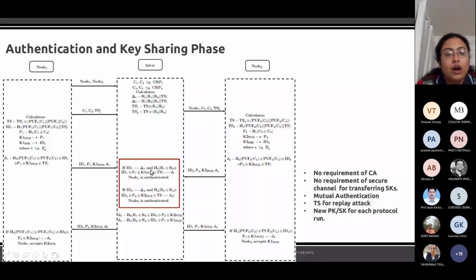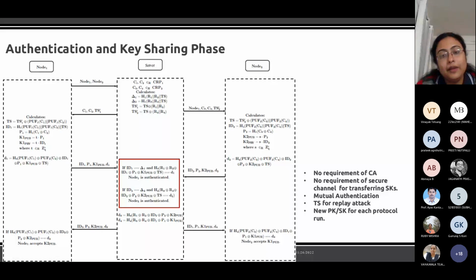Okay. Now, if it is okay, and because the server knows the responses as well as the timestamp, it can also make out this hash value of this ID1, P1 and K1 pub. And if that is equal to the D1 that it has got, then node 1 will be authenticated.